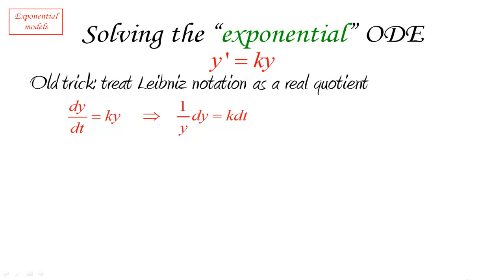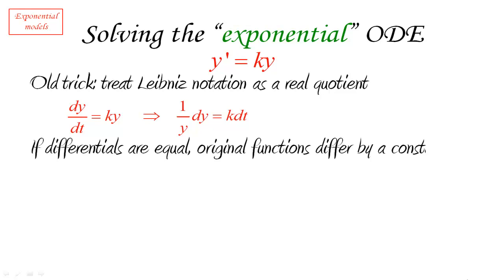Now, assuming that all this is true, then if those two differentials are in fact equal, that means that the original functions that they came from have to differ by a constant. Remember, after all, the differential is just the product of the derivative times the differential of the variable. So if those two are the same, the original functions have to differ by a constant. All right, what are the original functions?